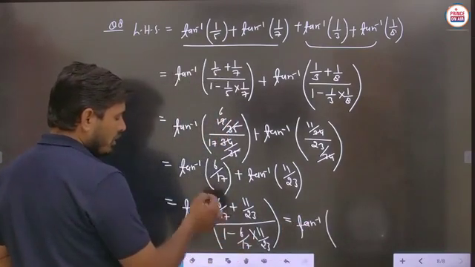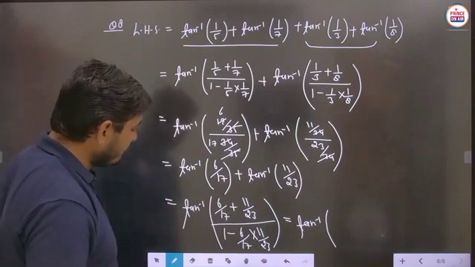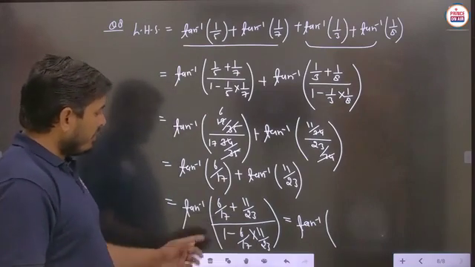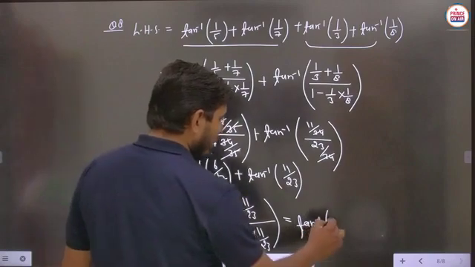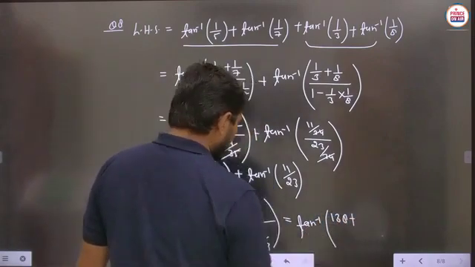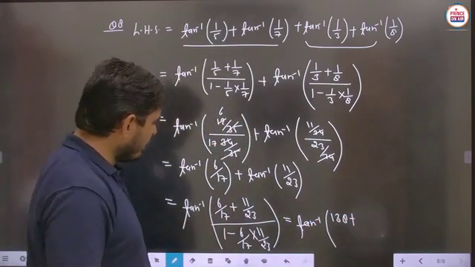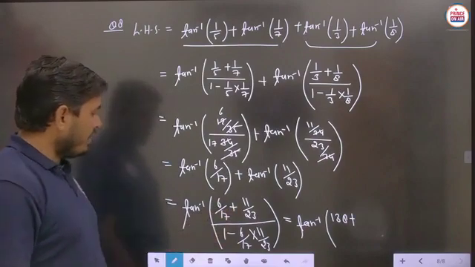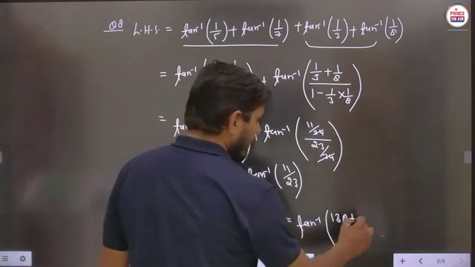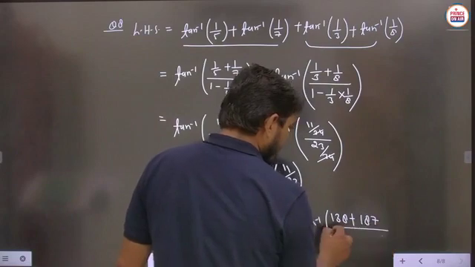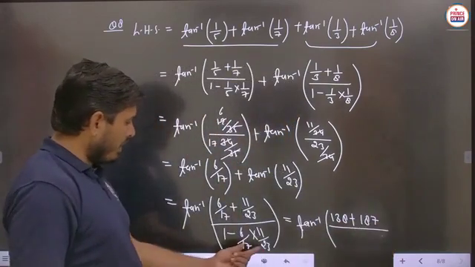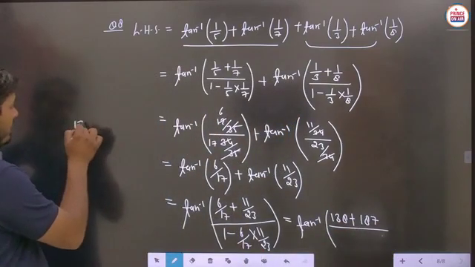So 23 multiply by 6 is 138, plus 17 multiply by 11, which is 187, so you can say this is 325 upon 17 multiply by 23.